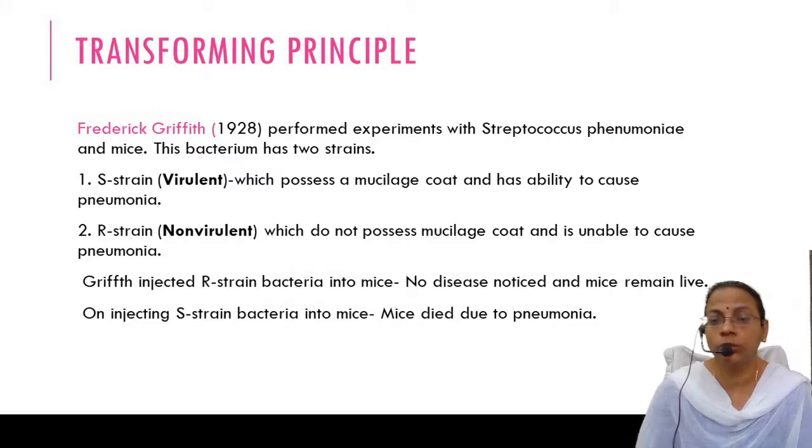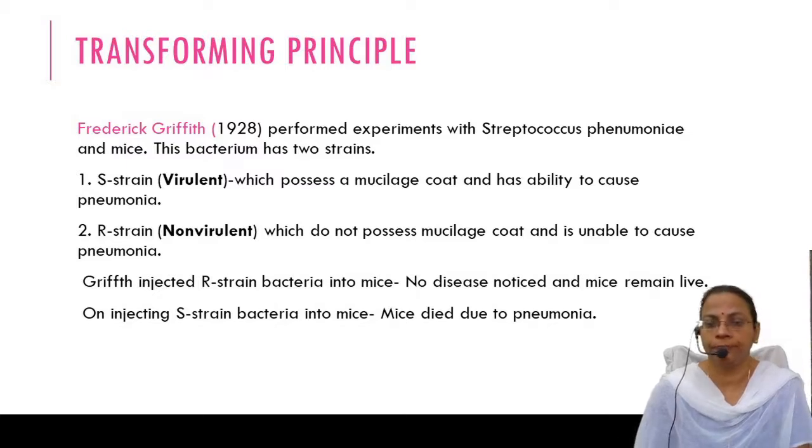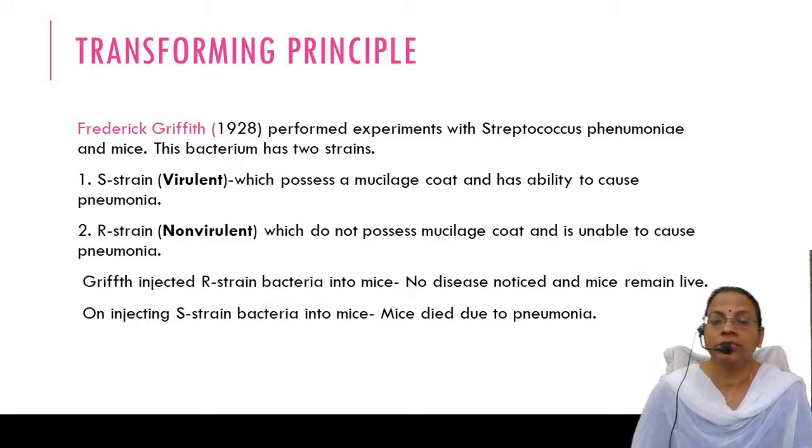In order to prove that process, he conducted his experiment in a bacteria called Streptococcus pneumoniae. If this particular strain is allowed to infect a mouse, then they will show the disease.